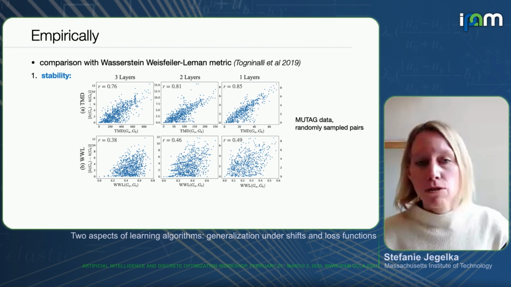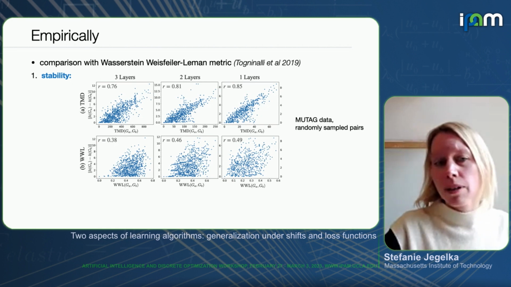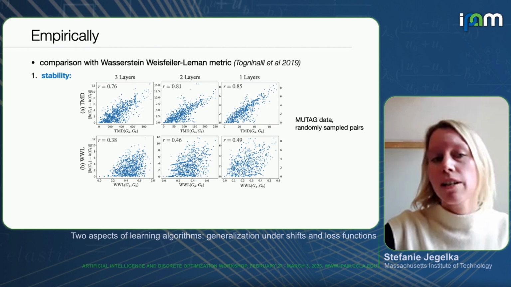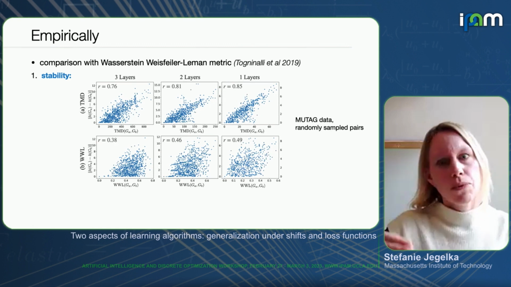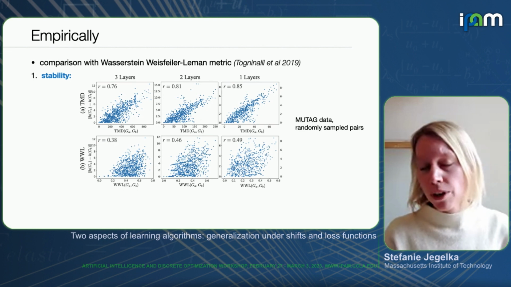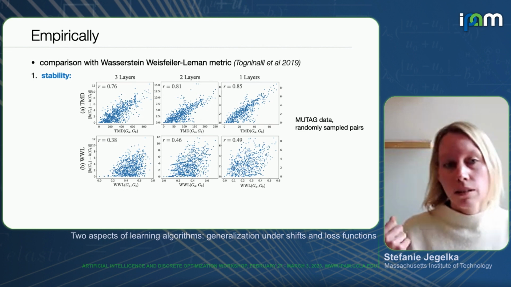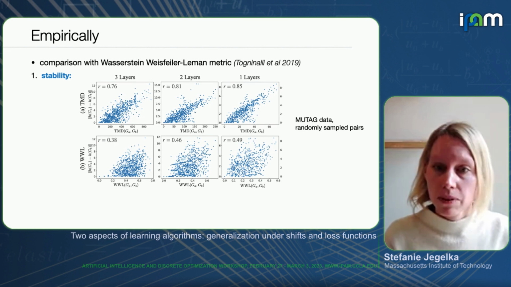What we're measuring is how much the distance in graph space correlates with the change in the output. You see that the top row has a much better correlation than the bottom row. So the tree mover's distance is more aligned with the changes in the output of the graph neural network than the other distance.